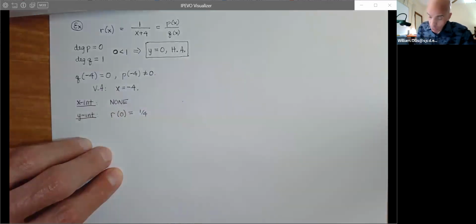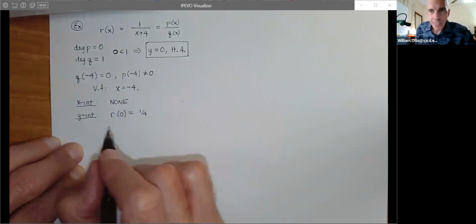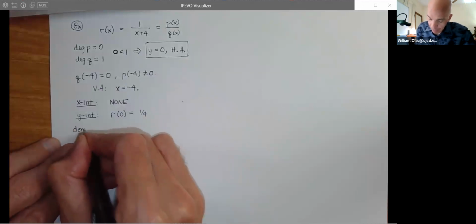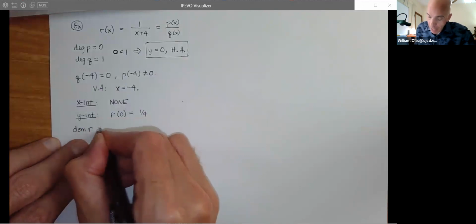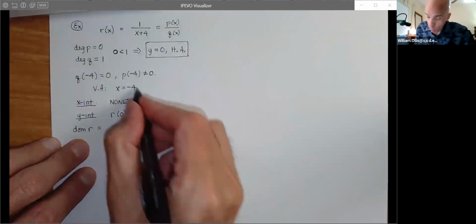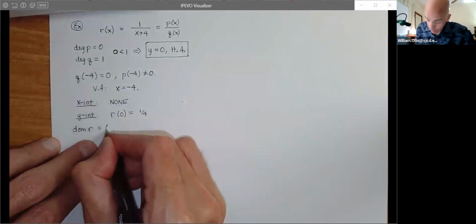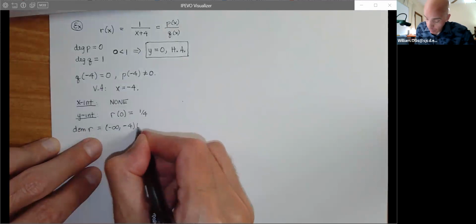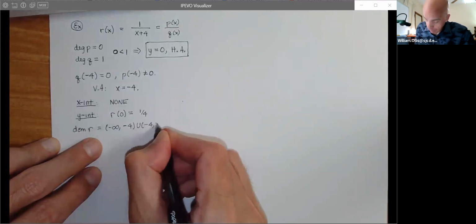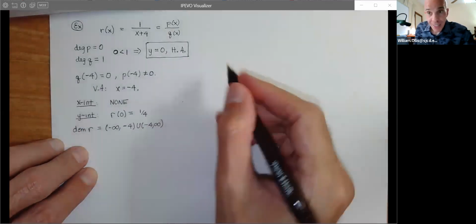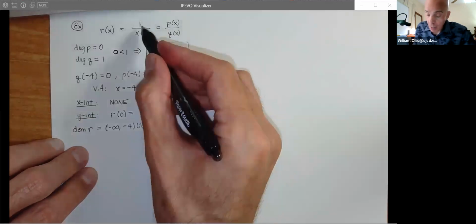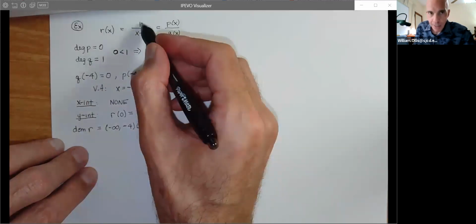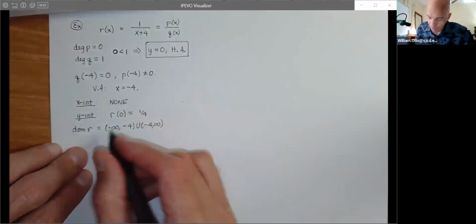So now, when you look at this, at least intuitively, we have a domain of R is going to be all reals except what? -4. All reals except -4. And then, at least intuitively, it looks like we're going to hit any real number because of this vertical asymptote except 0, because the numerator can never be 0.